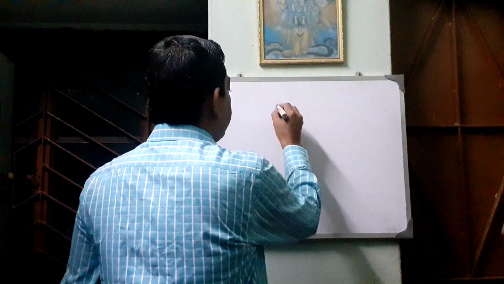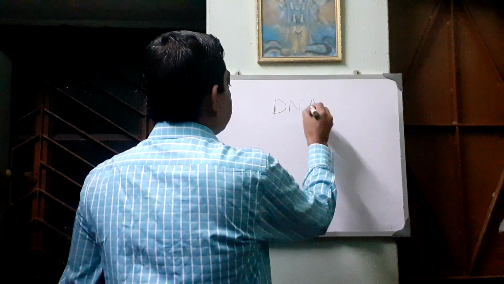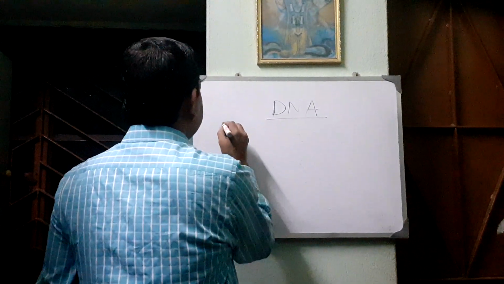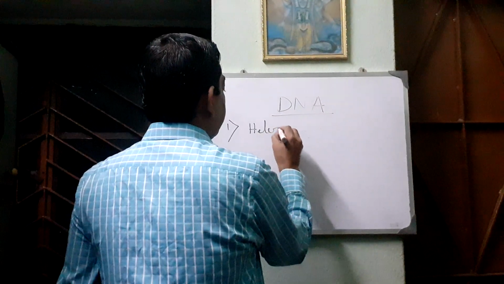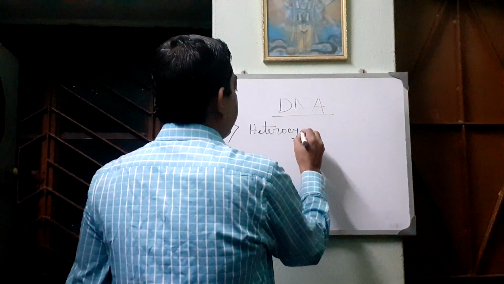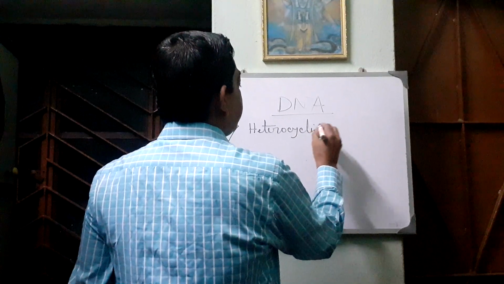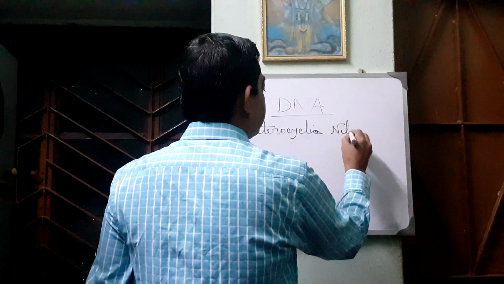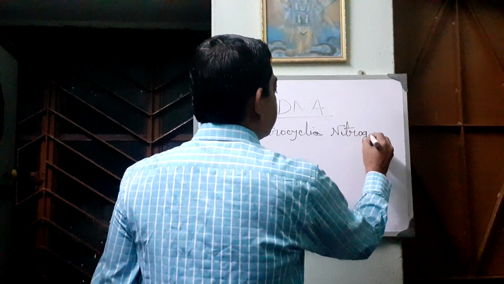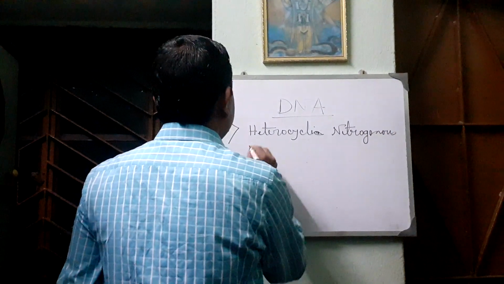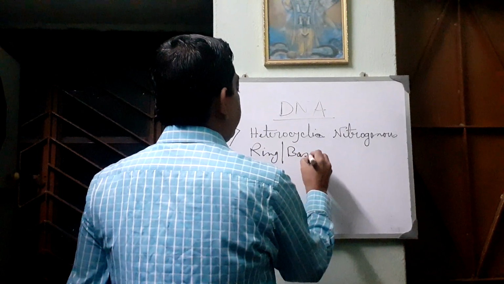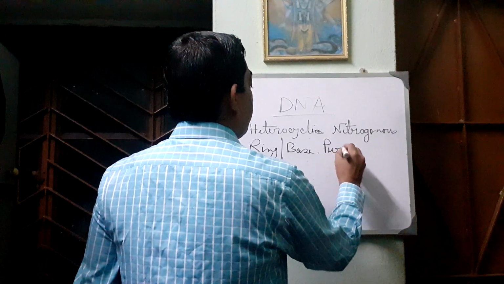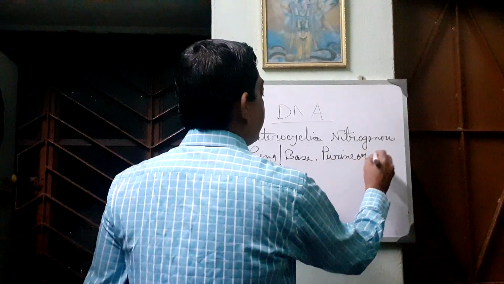The three main components of DNA, deoxyribonucleic acid, are: first, a heterocyclic nitrogenous ring or base, which may be purine or pyrimidine.